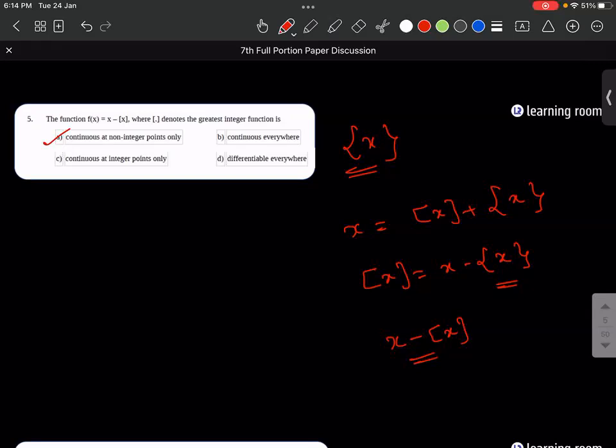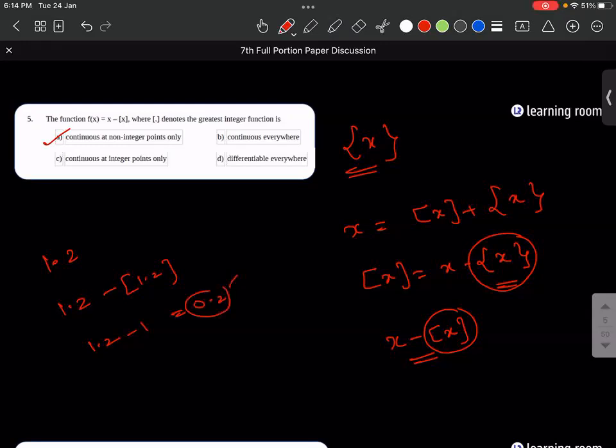For example, take 1.2. What is 1.2 minus greatest integer of 1.2? 1.2 minus 1 is 0.2. This is the fractional part.